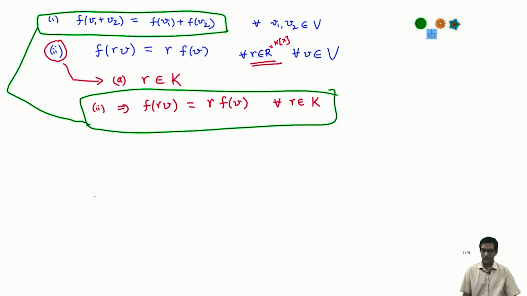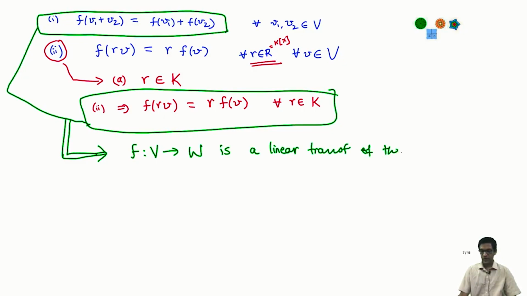It says that f is a linear transformation of the vector spaces V and W. Okay, so the two properties I have marked in green are exactly the definition that f from V to W is a linear transformation of these K vector spaces V and W.